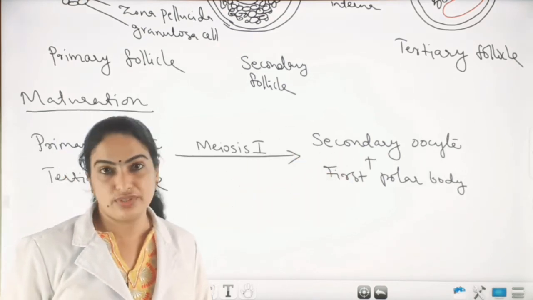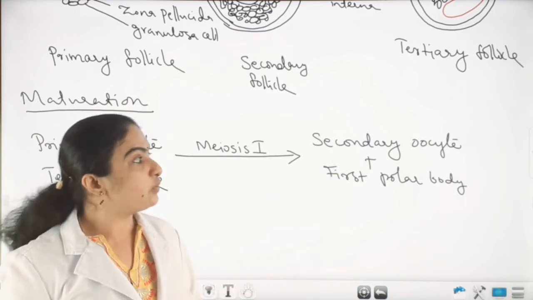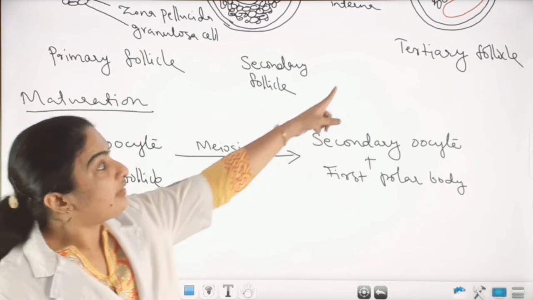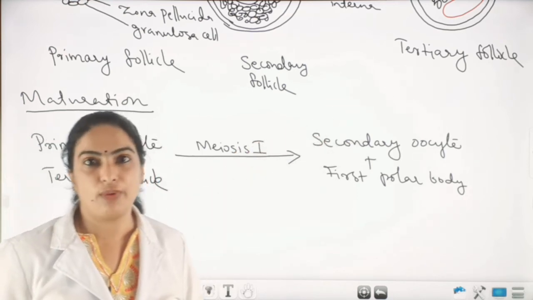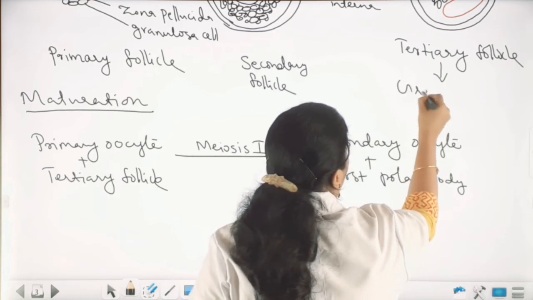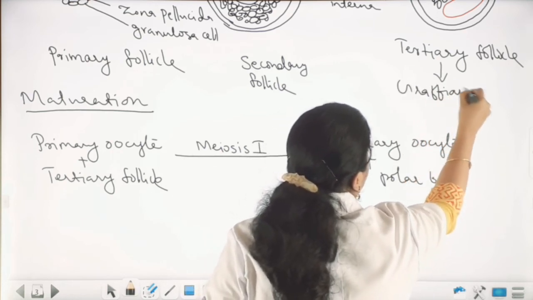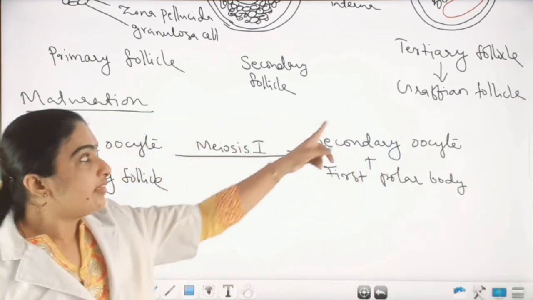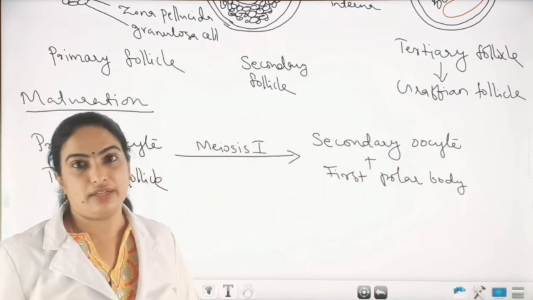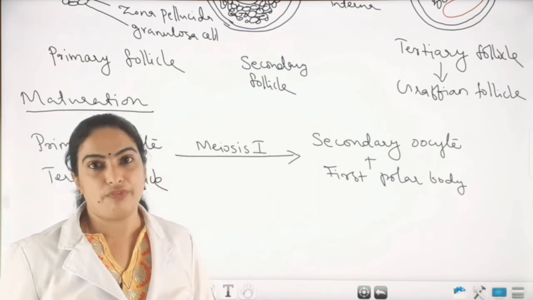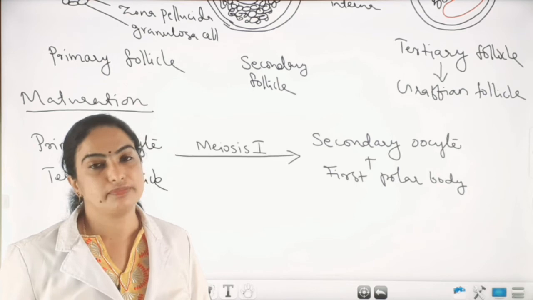So in this stage, that means the primary oocyte plus tertiary follicle undergo first meiotic division for secondary oocyte. Here the secondary oocyte is released from the ovary by the rupture of this Graafian follicle. I told you the tertiary follicle developed to form Graafian follicle. Okay, so by the rupture of this Graafian follicle, the secondary oocyte is released out from the ovary, and that is the ovulation process.